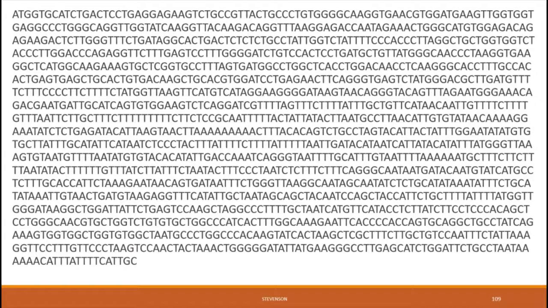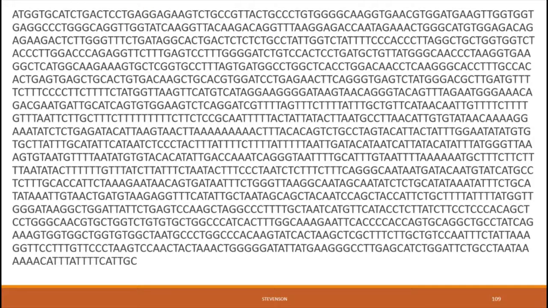Now, here's what the genetic sequence looks like for a normal hemoglobin protein. Here are the letters that make it up. People who have sickle cell disease inherit two copies of this sequence that, instead of looking like this, look like this. And if you didn't see a difference, I'll highlight it for you. One letter is different up here.